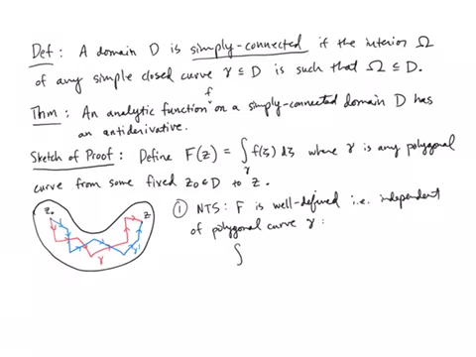So that is, I want to show that the integral along gamma of little f d zeta is equal to the integral along gamma prime of f d zeta.